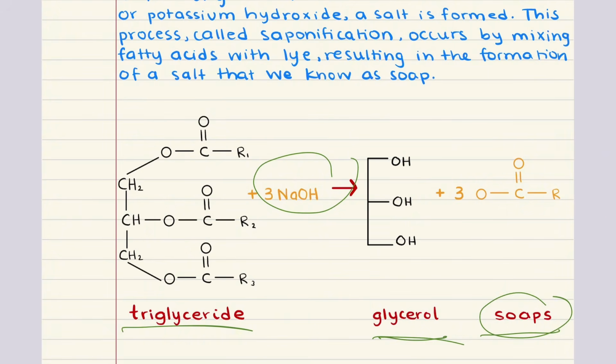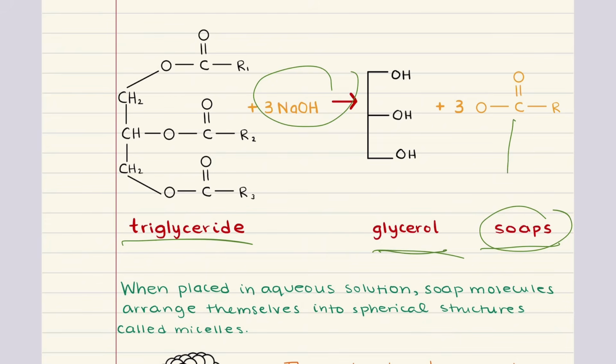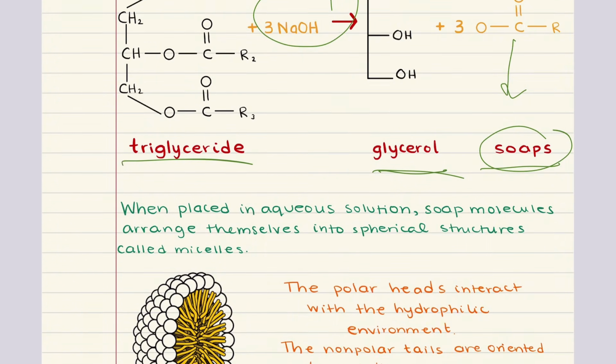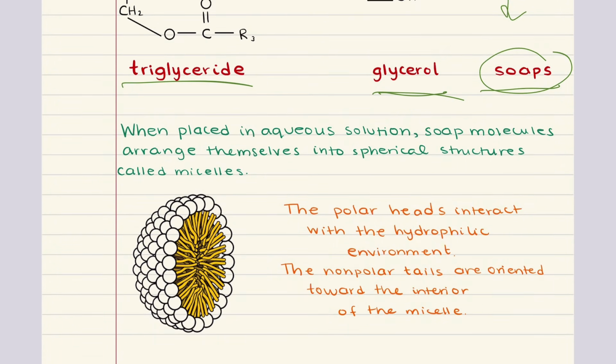Now here's where structure meets function. When you place these soap molecules in aqueous solution, they're not just going to float around randomly. Because they're amphipathic with a polar head and a nonpolar tail, they're going to organize themselves into spherical structures called micelles.